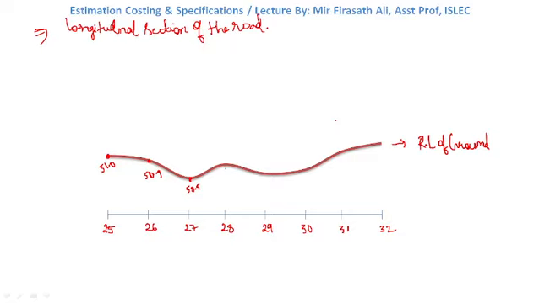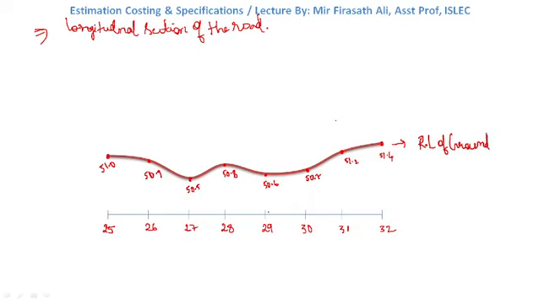Again, there was a rise, 50.8. Again there was a little bit low, this was 50.6. This point was 50.7, 50.7, 51.2. This was 51.4. Got it, everyone? This was our original point.